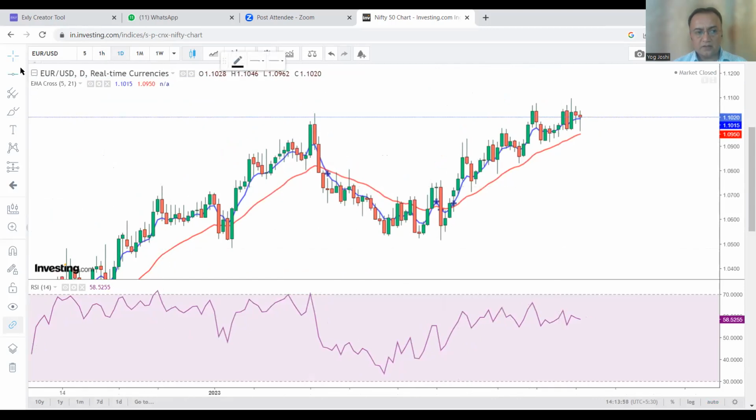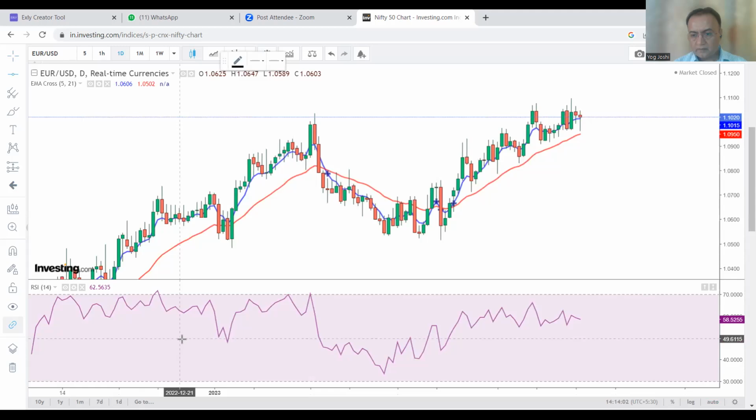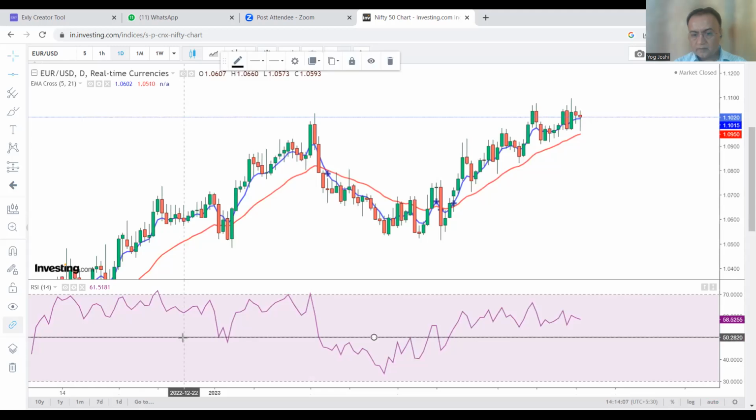So draw the middle line at 50. Whenever we receive a bullish crossover, like this clear-cut bullish crossover, and RSI is also growing above 50, it indicates that upward momentum might be established in the market.